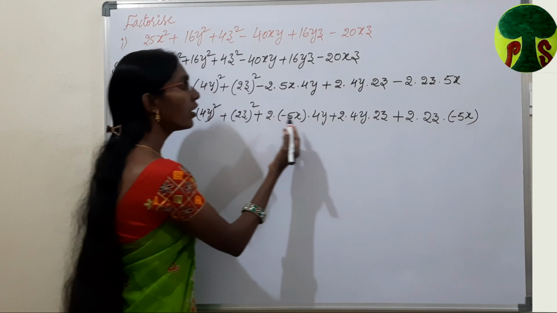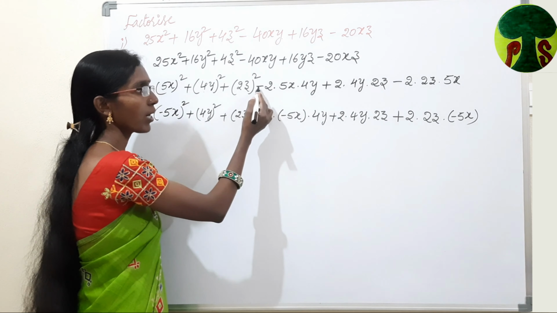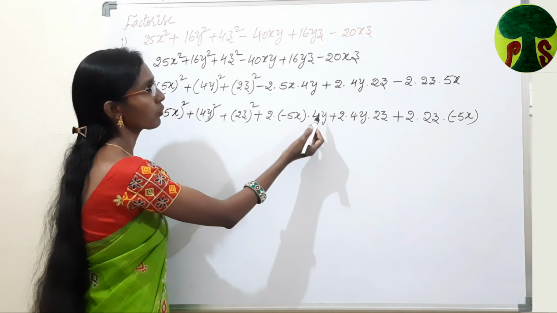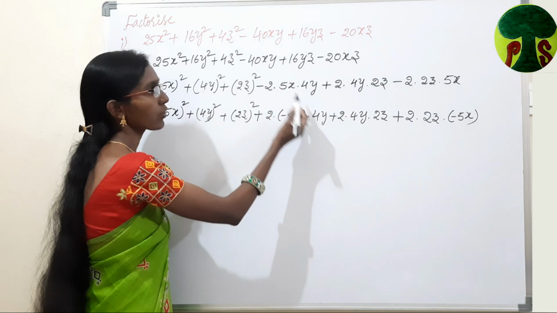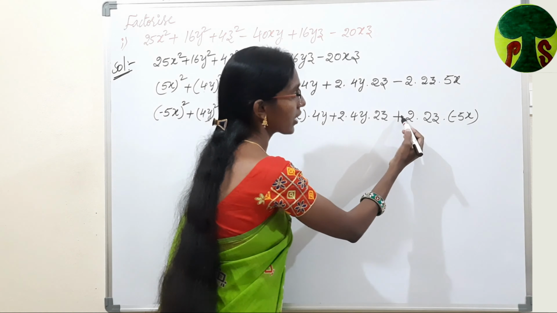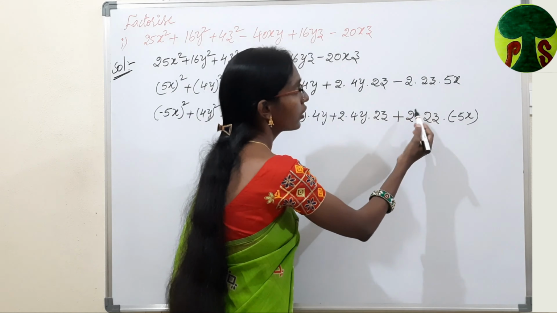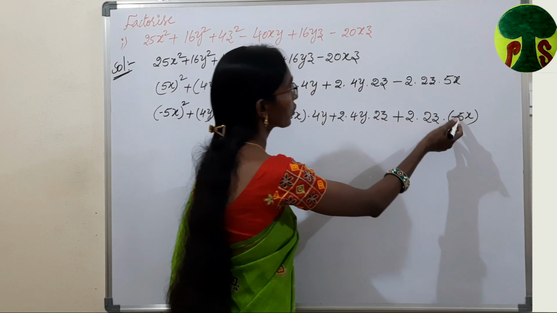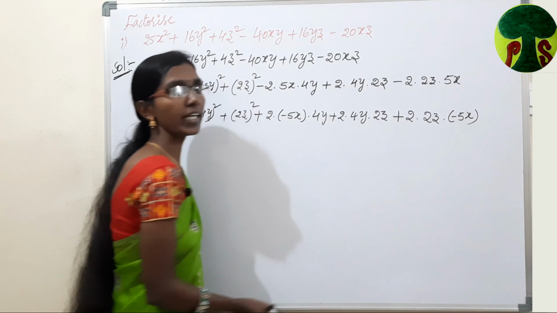If you observe here, plus into minus is minus, 2 into 5 is 10, 10 into 4 is 40, minus 40xy. We will get minus 40xy. In the same way, here also plus into minus is minus, 2 into 2 is 4, 4 into 5 is 20. So minus 20xz we will get.